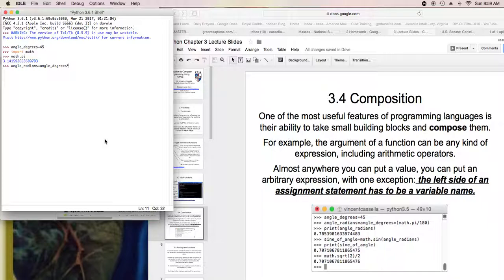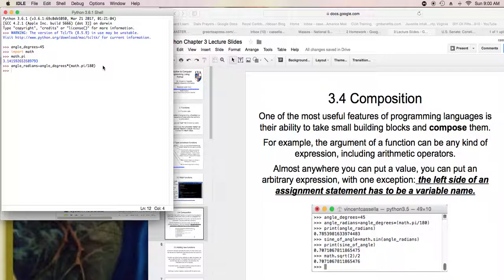If I multiply that by math.pi divided by 180, well, since 180 degrees is equivalent to pi in radians, that's why that conversion works. If I hit enter, it did that. So now I've got 45 degrees represented in radians.